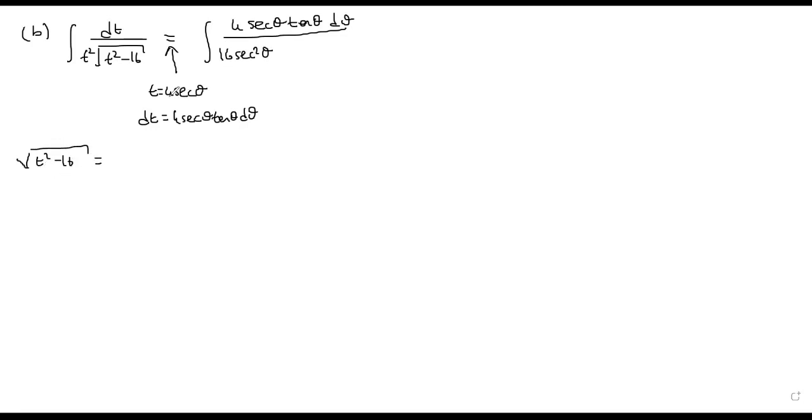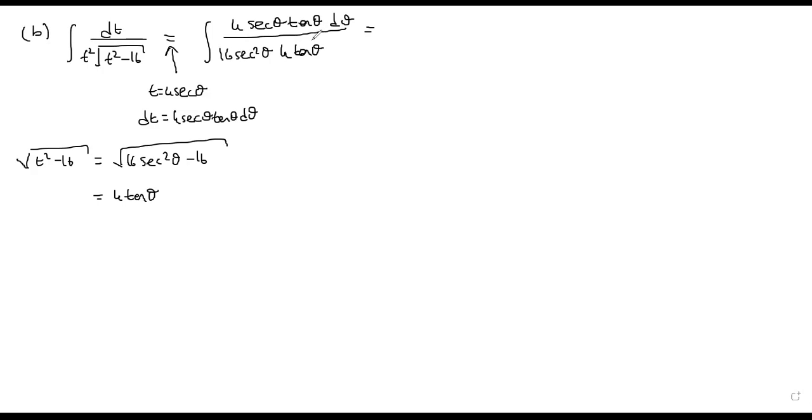t squared is equal to that, 16 secant squared theta minus 16, right? In the parentheses of 16, we have secant squared minus 1, which is equal to tangent squared. So we will have 4 tangent theta, right? So we will write that tangent theta.